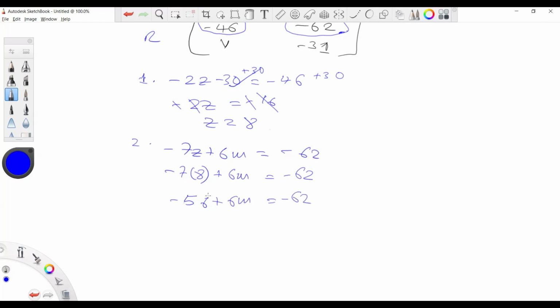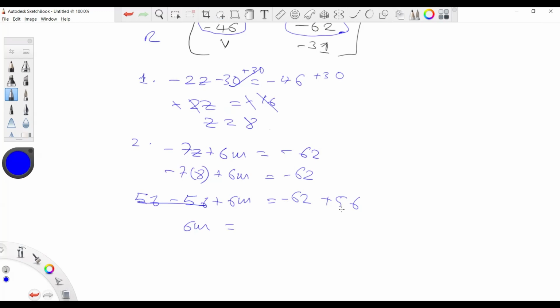Now, if we add 56 to both sides, it cancels here. So this cancels this one. So we have 6w is equal to -62 plus 56. Remember again, we subtract 56 and then the answer takes the sign of the bigger number.